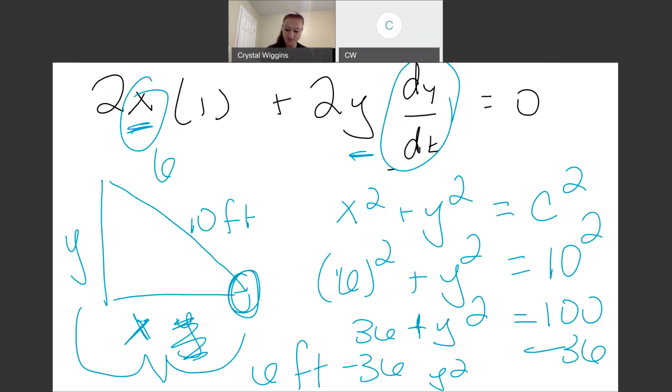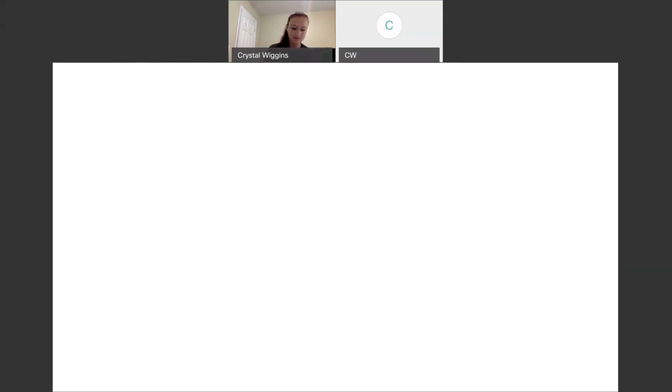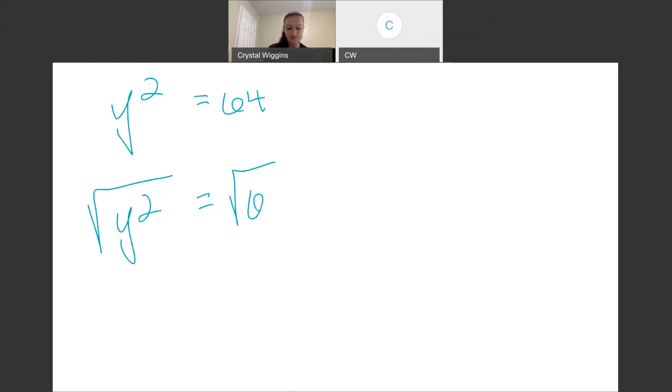You get y squared is equal to 64. Take the square root. I don't need the plus or minus because we're talking about the length of a side here, so a negative distance doesn't make sense. And we have y is equal to 8.